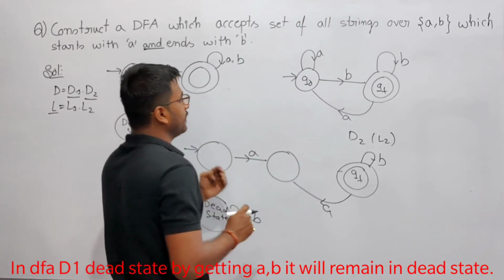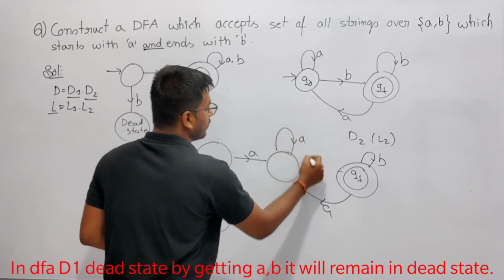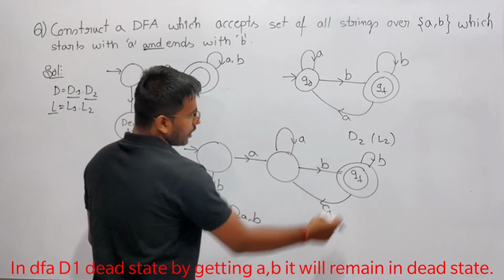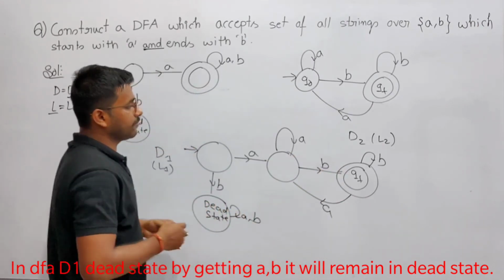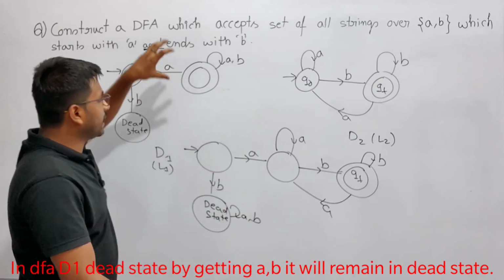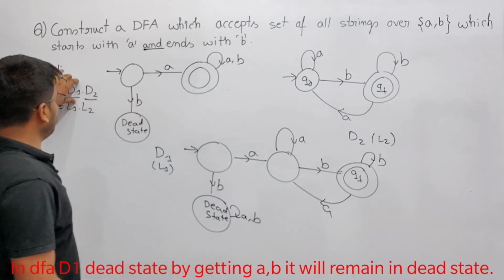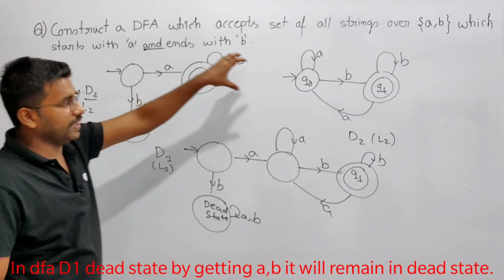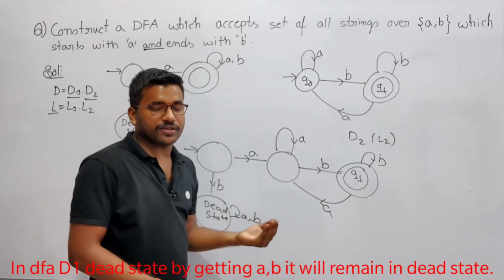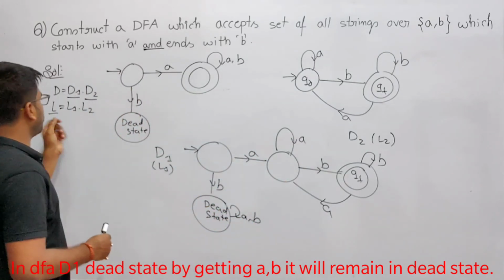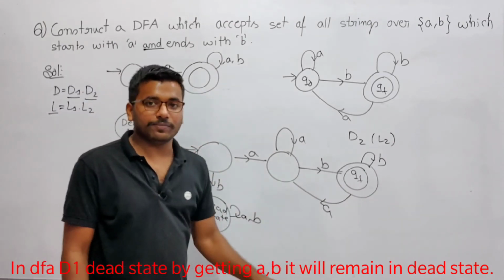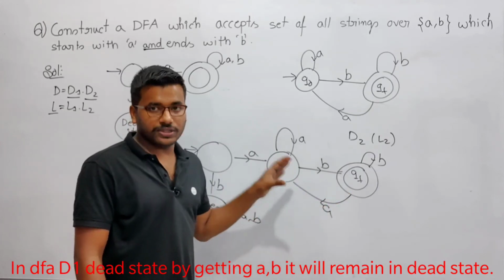If you get any number of a, stay, then on b go there. For every state I have given the transition for a, b. So this is a minimal DFA for the language. To concatenate two machines, merge the final state of the first machine D1 with the initial state of D2, give the merged state the transition according to the language L, which is L1 dot L2, and the rest of the states keep the same transitions.